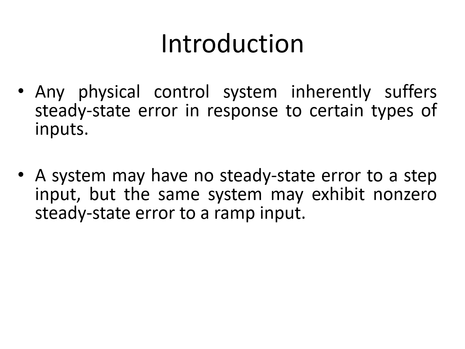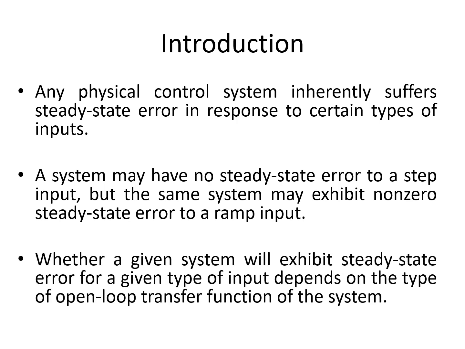So if there is no error for one input, for example a step input, and your system is not giving any error for it, for another type of input like ramp or parabolic signal there may be a chance of errors that may occur during the analysis. So whether a given system will exhibit a steady state error for a given type of input or it may not give an error, it basically depends upon the type of the open loop transfer function of the system.